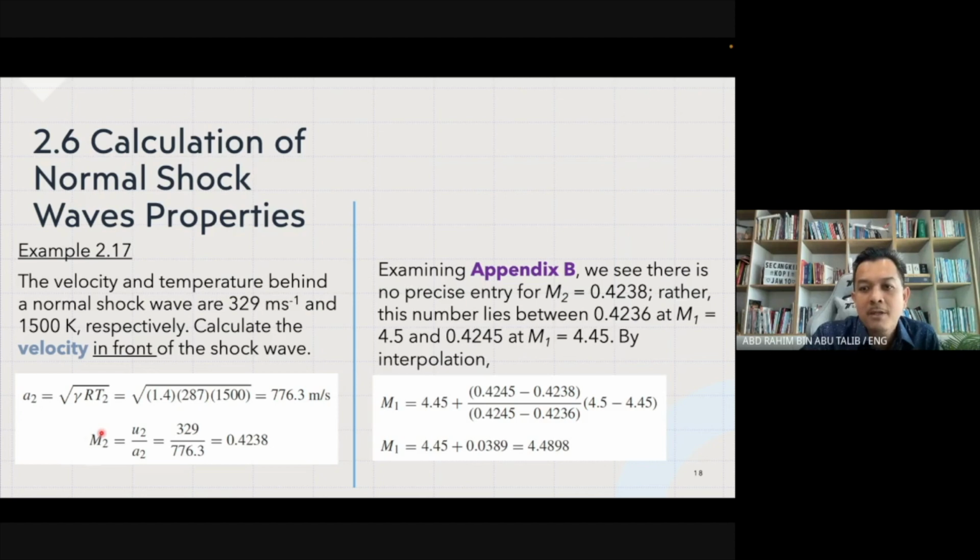So you can now get the M2 value to become 0.4238. Examining Appendix B, let us quickly go to Appendix B and find where is 0.4238.